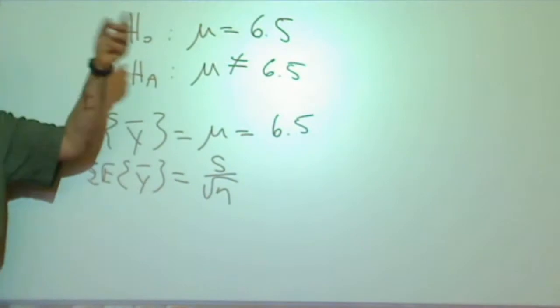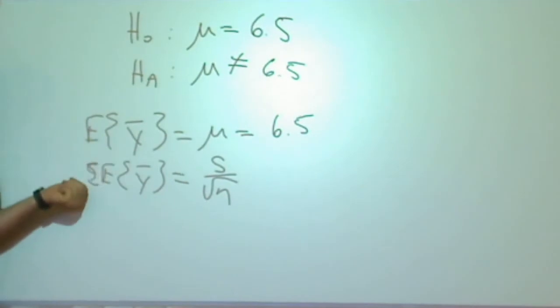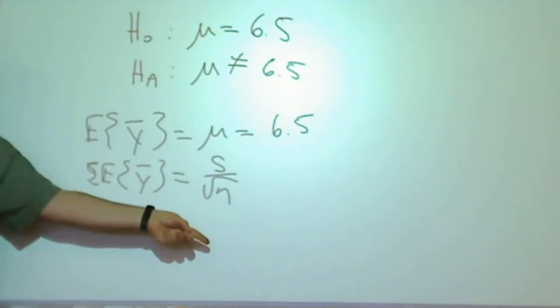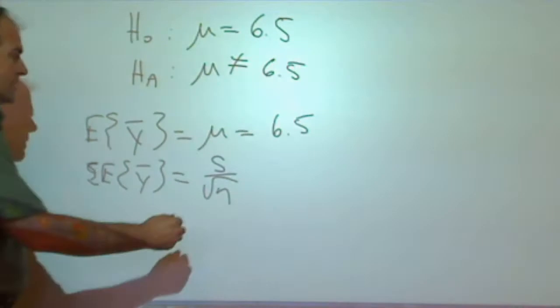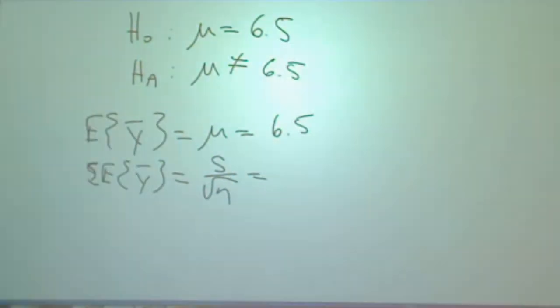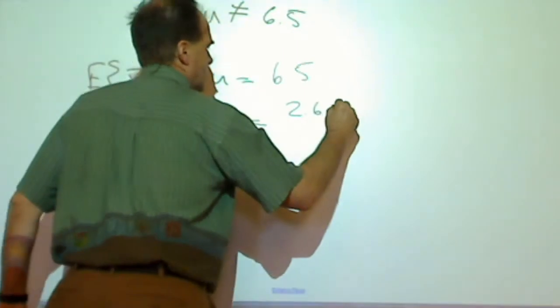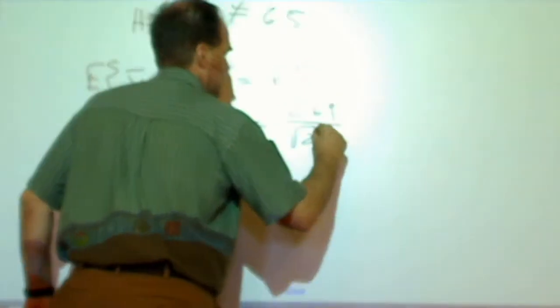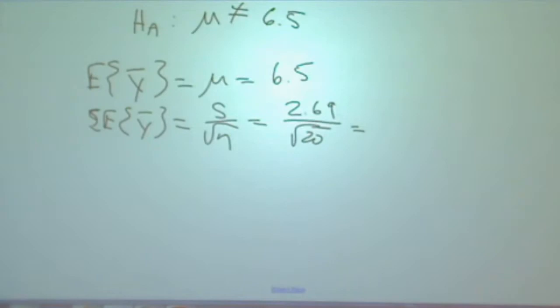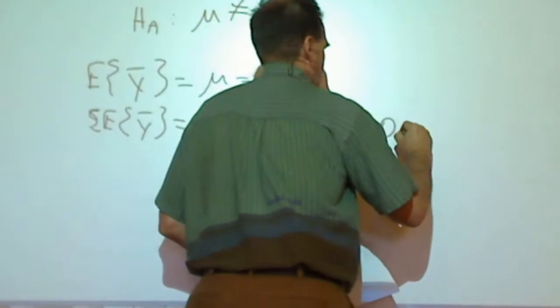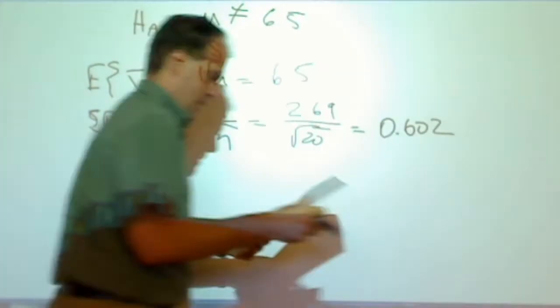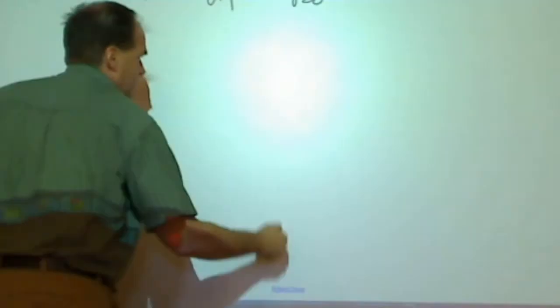If we had a population, we'd use the standard deviation sigma over the square root of n. So this is 2.69 over the square root of 20, and we got 0.602. So we've got a model here.